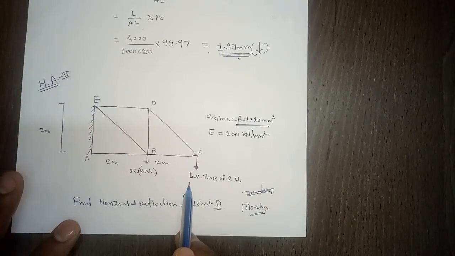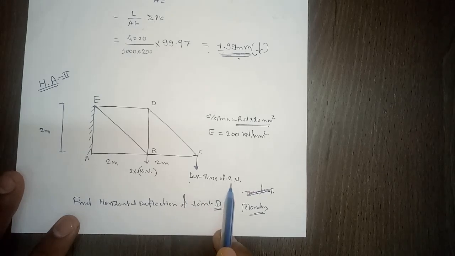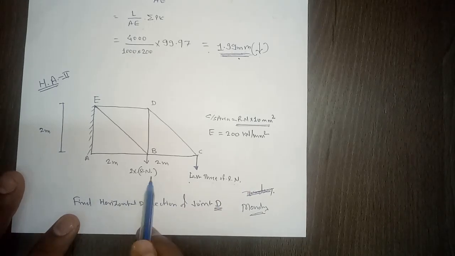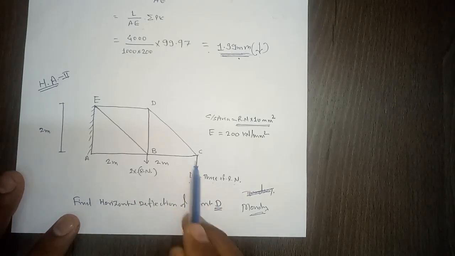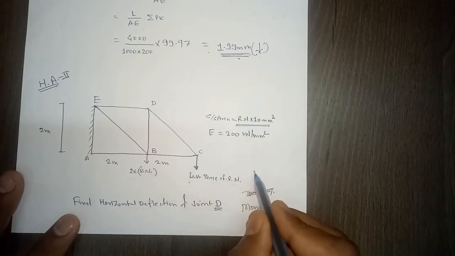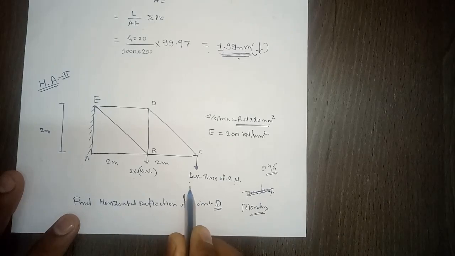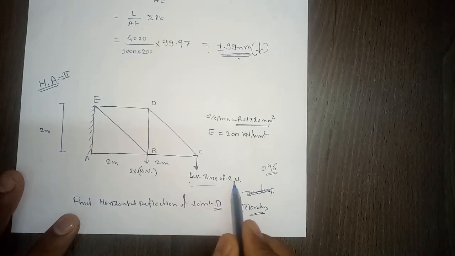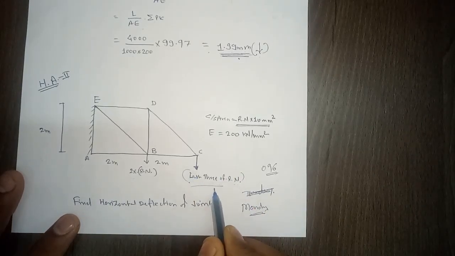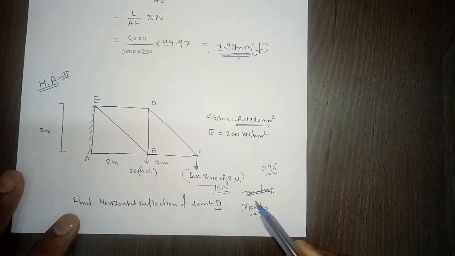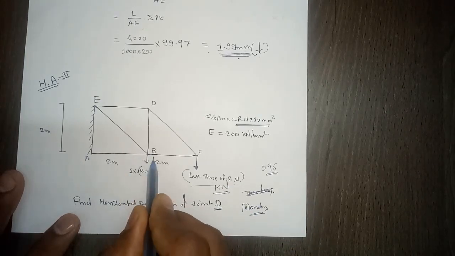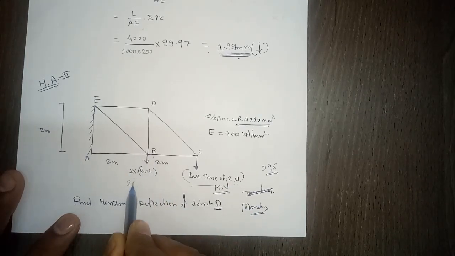Here, the force you have to consider is the last 3 digits of your roll number. At point C, if somebody has roll number 0.96, they have to consider this 0.96 force in kilonewton. Here at point B it will be 2 multiplied by 0.96.